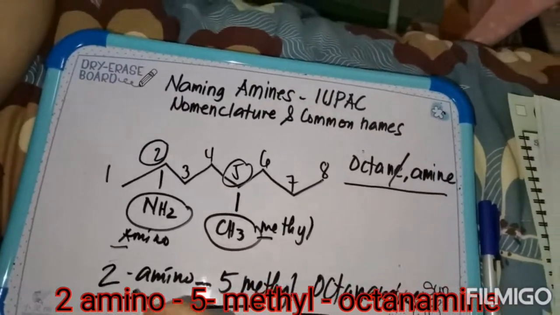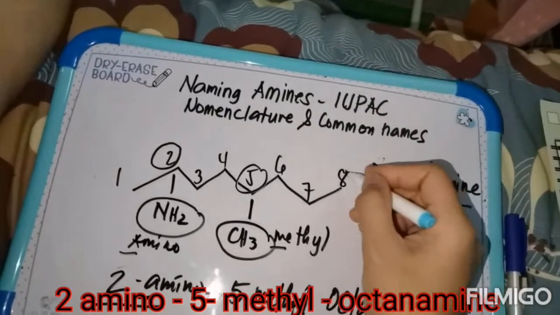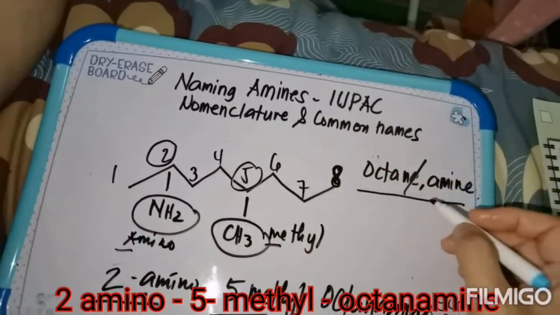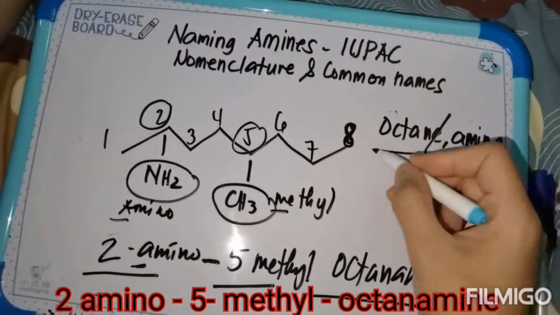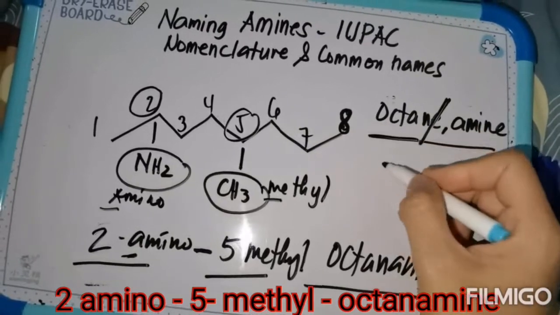So A comes before M, and the longest chain, counting the number of 8, stands for the parent chain of octane. Drop the E, and the functional group is amine, octanamine.